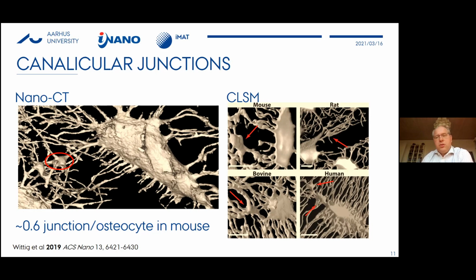And so we could see that the junctions occurring in mouse, rat, cow, and human were all connected to the cellular network, meaning that they are, in fact, part of the fluid flow network of the bone. And we see quite a lot of these. In mice, it's roughly 1 junction per osteocyte lacuna. So there are really quite many of these.